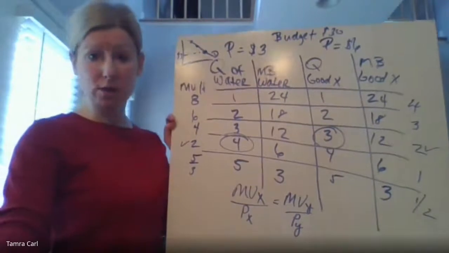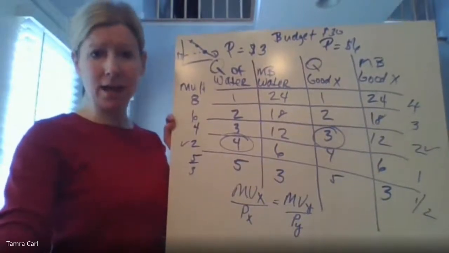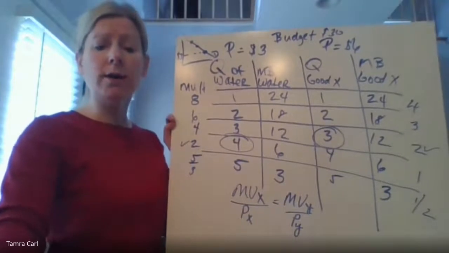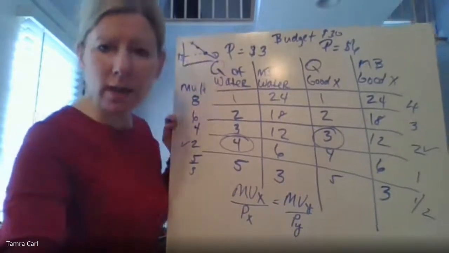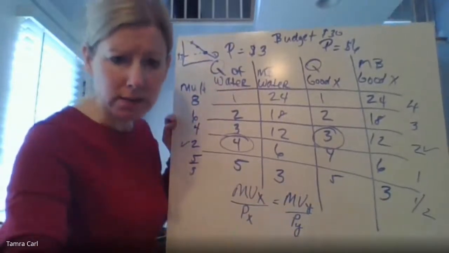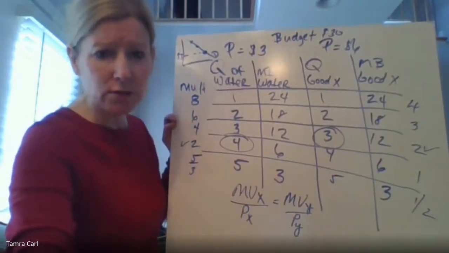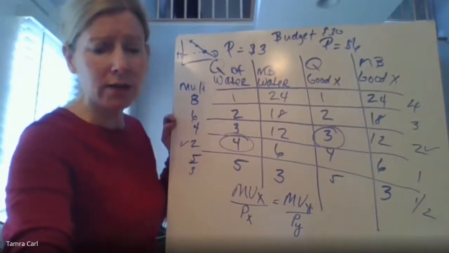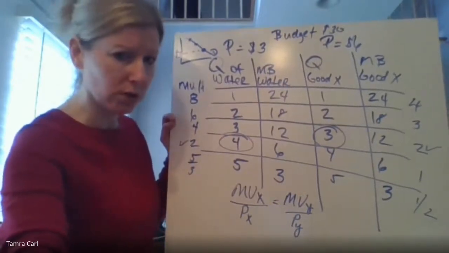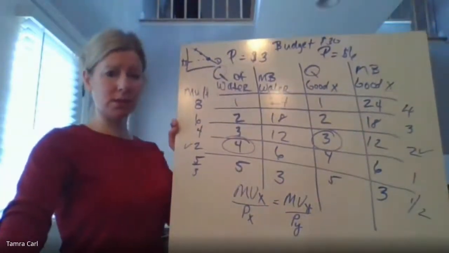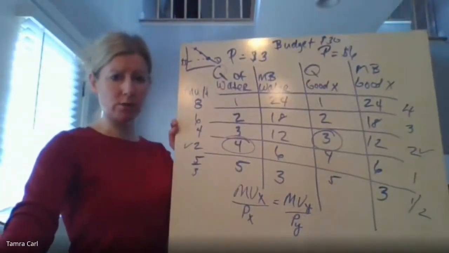Okay, other questions that they can ask. They can ask you here about total benefit. So I think they even do it on this test. They ask you, what is the total benefit from purchasing 2 bottles of water and 1 unit of good X? And it says, show your work. So total benefit is the same as the summation of the marginals.